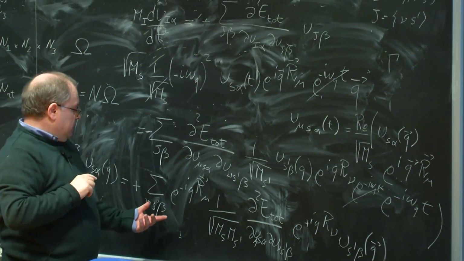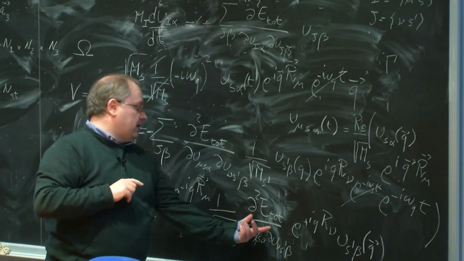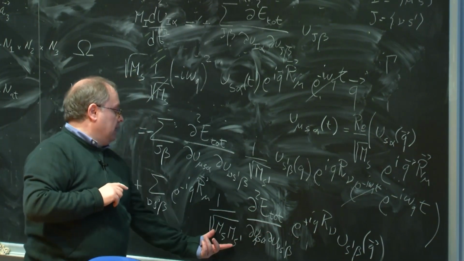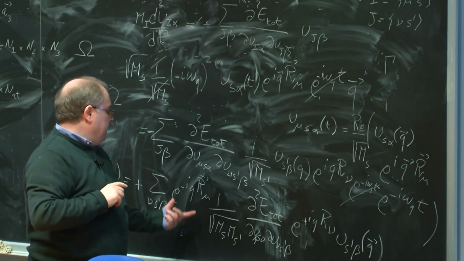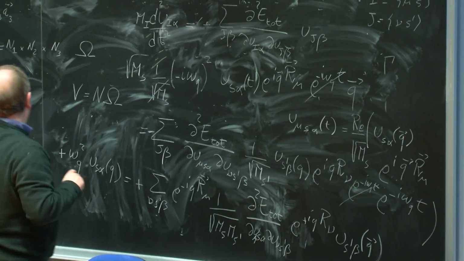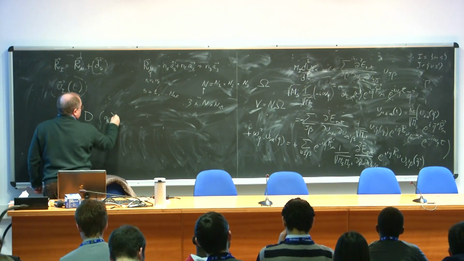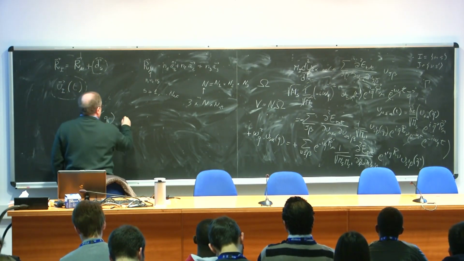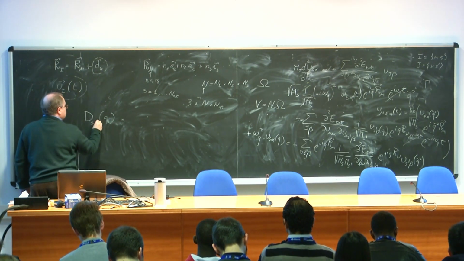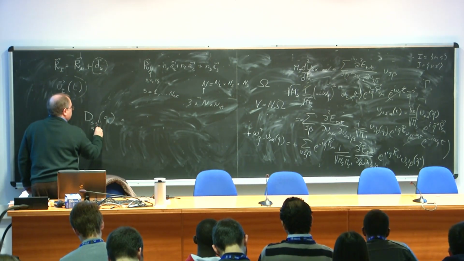And so in the dynamical matrix, we have the interatomic force constants, the square root of the masses, and the phase factors. So we define this. It depends on Q. It depends on S, S prime, alpha, and beta.